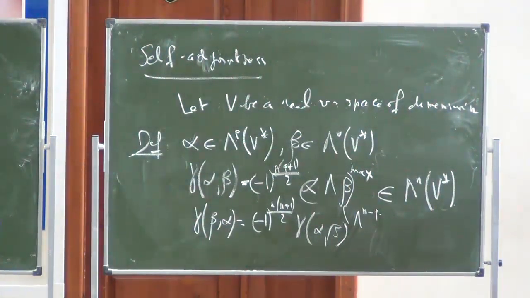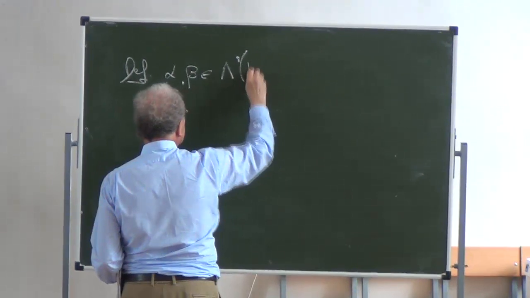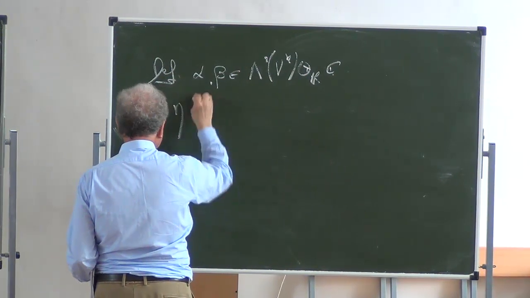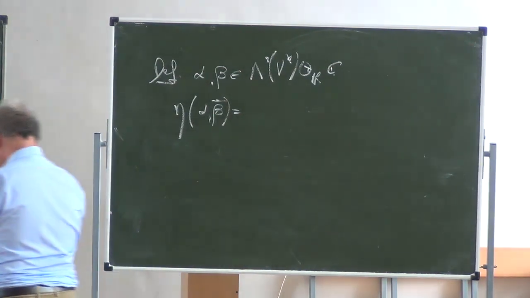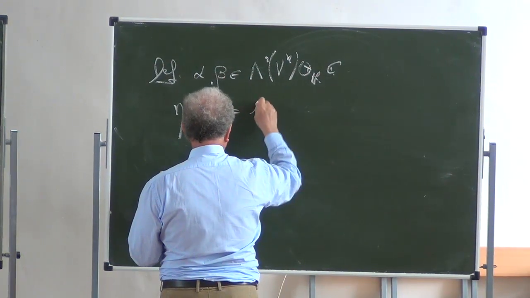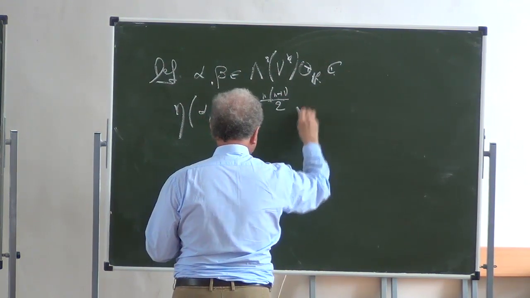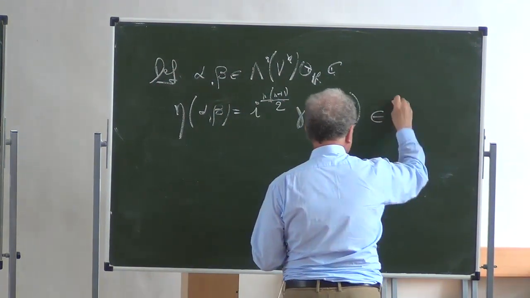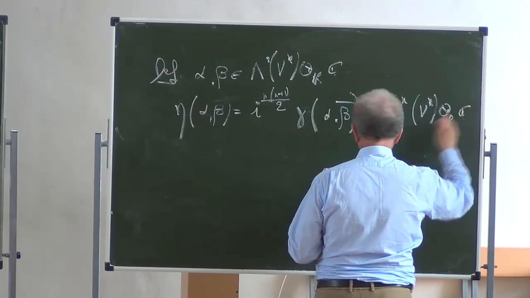And so by definition, we're now going to take alpha and beta to be in lambda of V star, the exterior algebra, complexified, and we define eta of alpha and beta to be i to the power (n+1)/2 times gamma of alpha and beta bar. And so this lies in lambda^n of V star complexified.